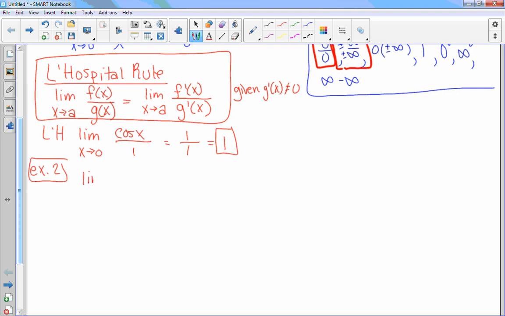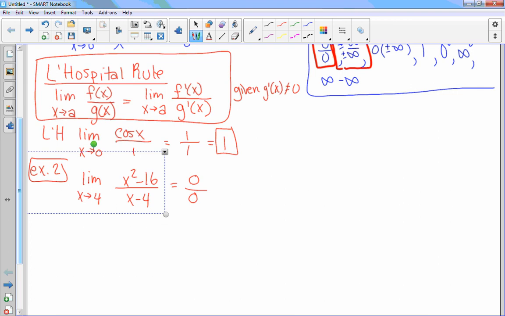The limit as x approaches 4 of x squared minus 16 over x minus 4. If you would try to plug in 4 right now, we'd get 16 minus 16, which is 0, over 4 minus 4, which is 0, indeterminate form.